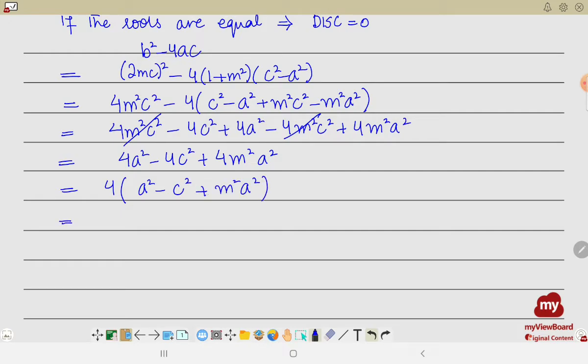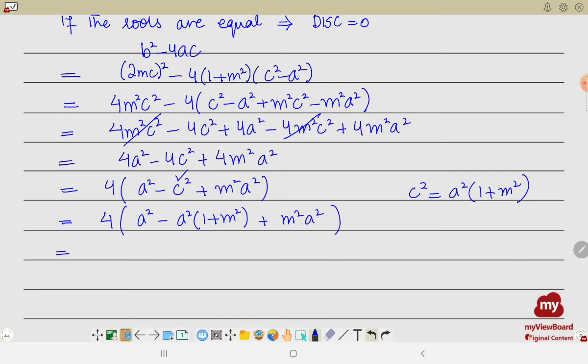So now we are going to apply the given condition. Let me write it down. The given condition was c square is equal to a square into 1 plus m square. So instead of c square, we insert this given value: a square minus a square into (1 plus m square) plus m square a square.